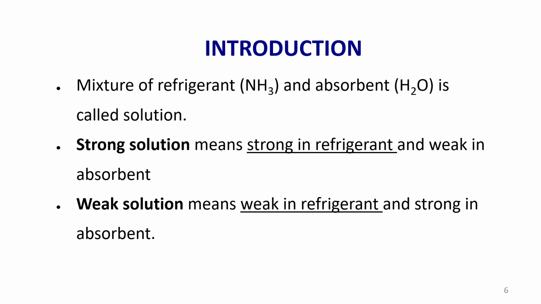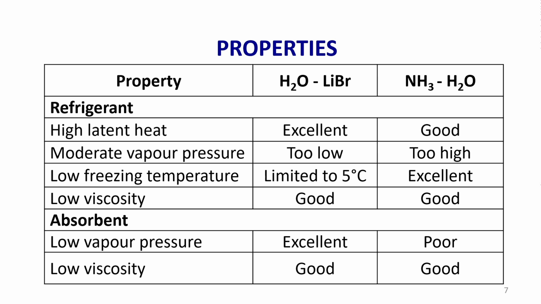These terms will be used when we see the construction and the working principle of the ammonia water absorption system, and also in the water lithium bromide system. We do not use the term solution in a vapor compression system, we say only refrigerant or the working fluid. Here it is a working fluid pair, a combination of refrigerant and absorbent.